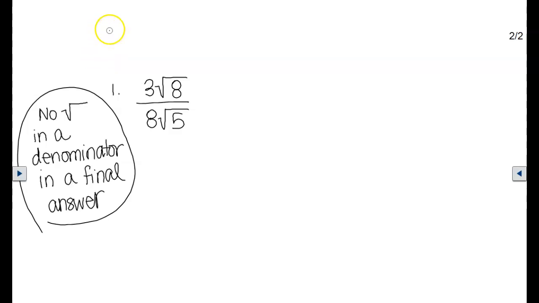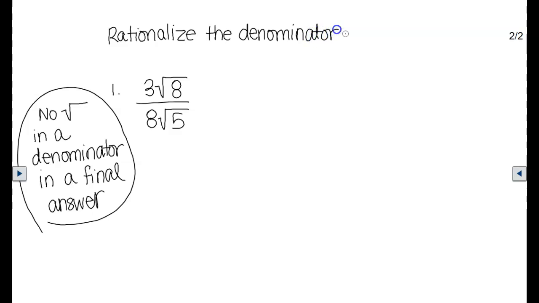So when this happens, you are going to use a process where you rationalize the denominator. So this process that we're about to do, called rationalizing the denominator, is going to allow you to get that square root out of the denominator when division isn't possible.